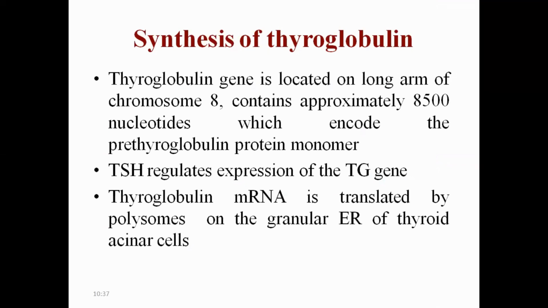This pre-thyroglobulin protein contains both the thyroglobulin as well as a 19 amino acid signal peptide. And the expression of the thyroglobulin gene is regulated by TSH.